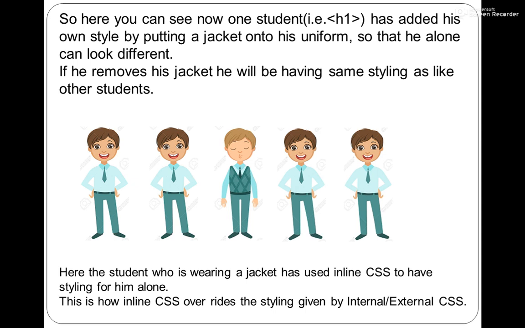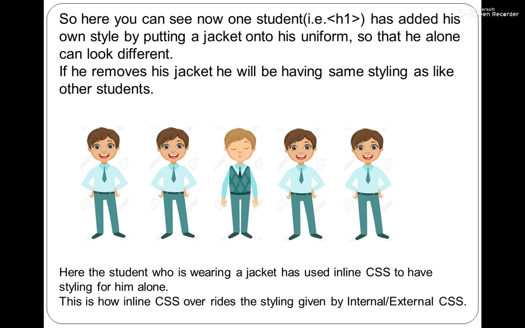Because there is one tag which has used some other styling, and that is called inline. For example, suppose there were 5 students, all looking similar because they had the same styling. But from these 5 students, one student decided to style something different, so that he alone will look different from the rest of the students.